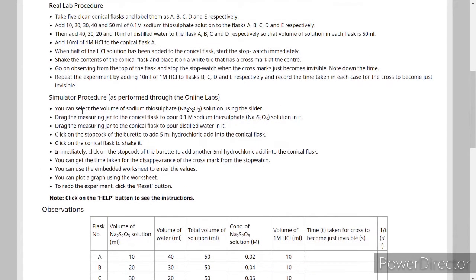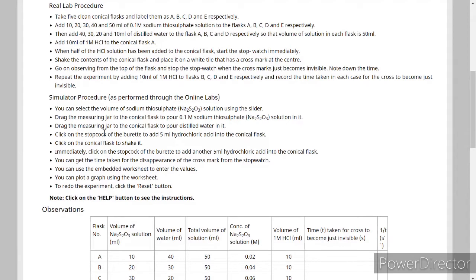Okay, let's read here. First, we select the volume of sodium thiosulfate solution using the slider. Second, direct the measuring jar to the conical flask to pour 0.1 M sodium thiosulfate solution in it. After that, we direct the measuring jar to the conical flask to pour distilled water in it.